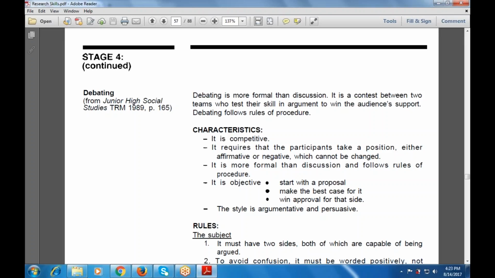It is more formal than the discussions and follows the rules of procedure. It starts with the proposal, makes the best case for it, and wins approval for that side.